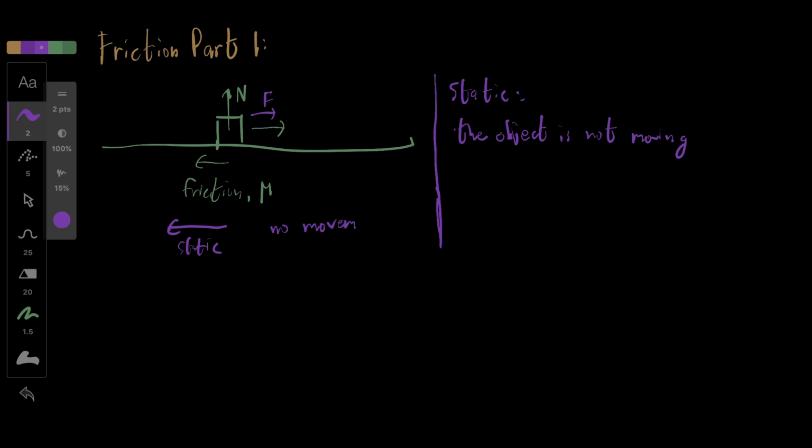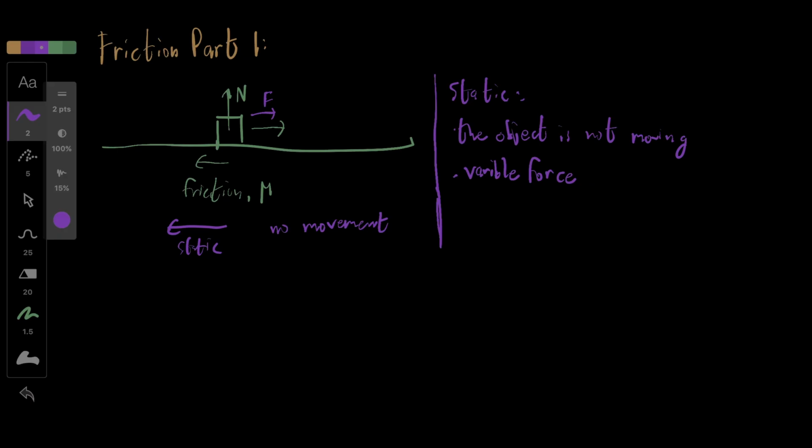Now, the thing with static friction is it is a variable force. So what do I mean by this? I mean that this can take on as many values as it wants up to a certain maximum.